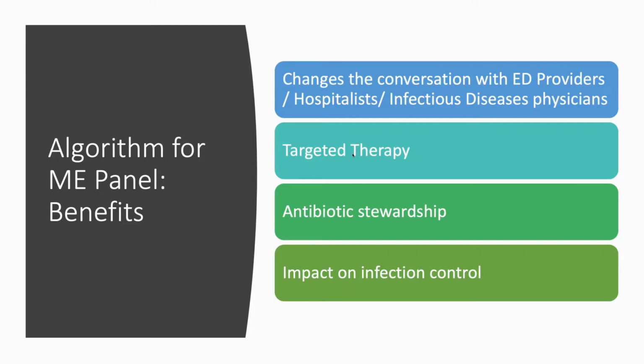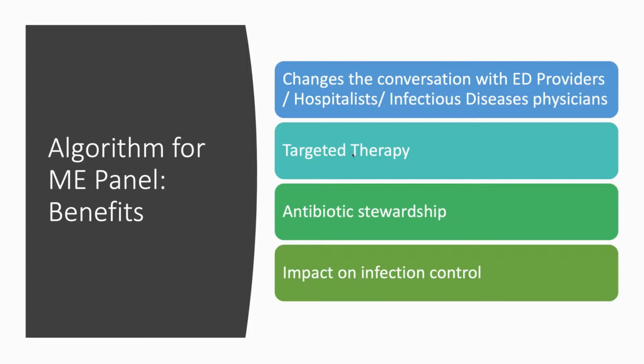Also targeted therapy, right? By having the meningitis encephalitis panel, we are reducing unnecessary exposure to antibacterials. Someone over 55 who has strep pneumo, well, they don't need to get listeria coverage, right? Secondarily, we reduce unnecessary exposure to antivirals. We know it's a bacteria, right?